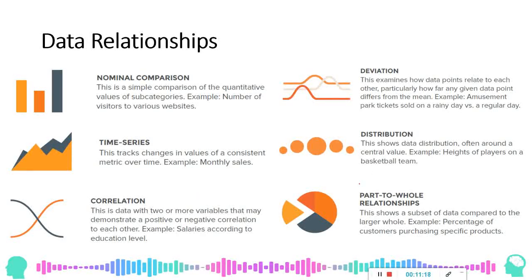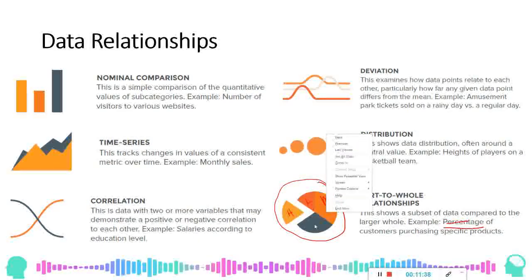Contohnya kat sini kita nak tengok the percentage of the customer purchasing specific product. So this is the number of the customer, but this is specific product. Katakanlah ini handphone, ini laptop, ini maybe mouse. Ini apa-apa je lah. So kita nak tengok macam tu. This is the whole number of the customer. This is the specific product.